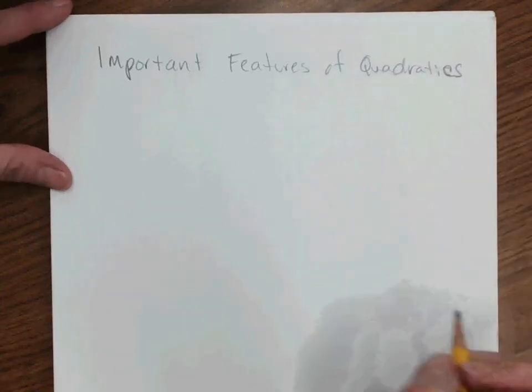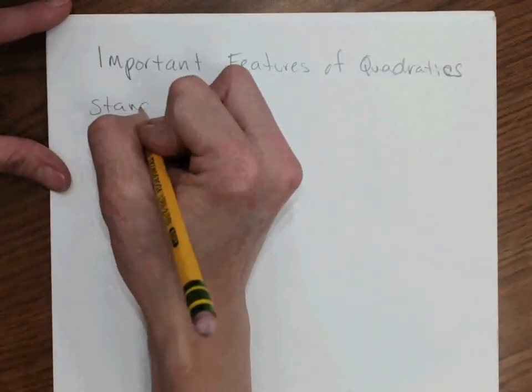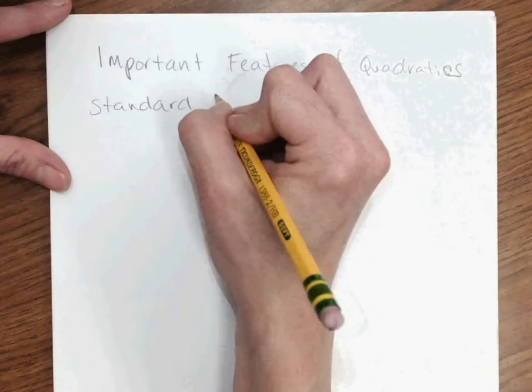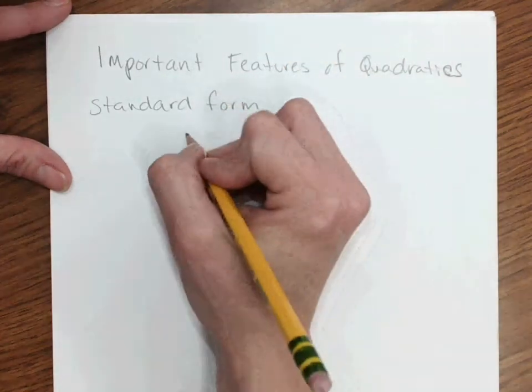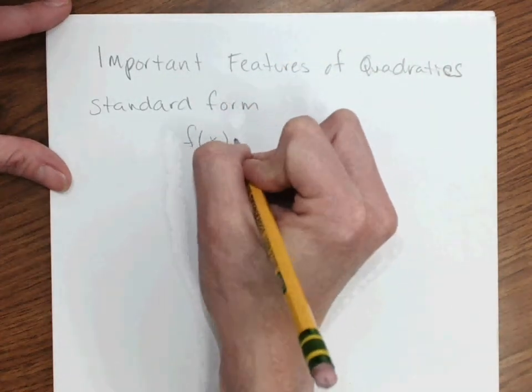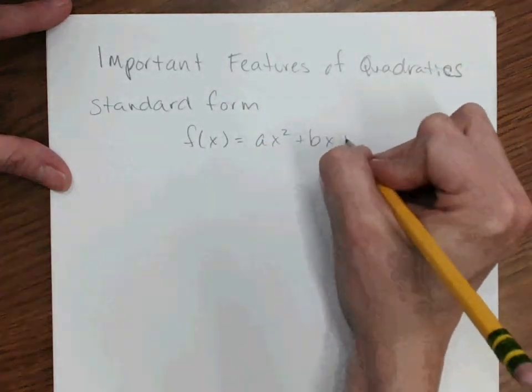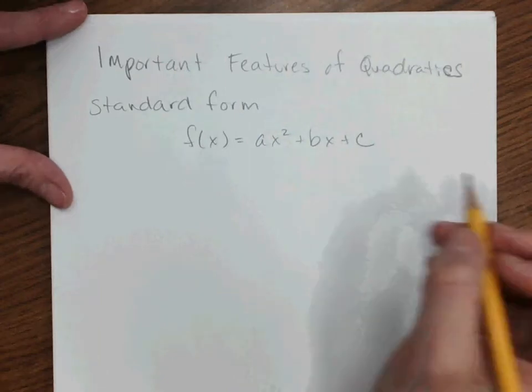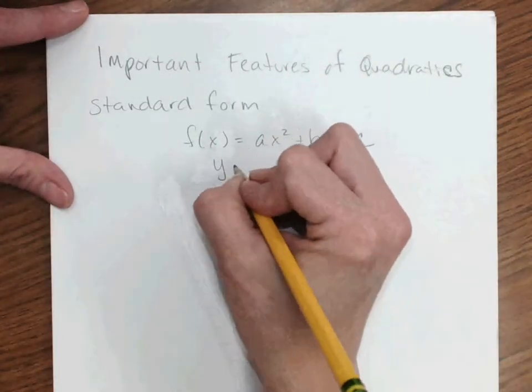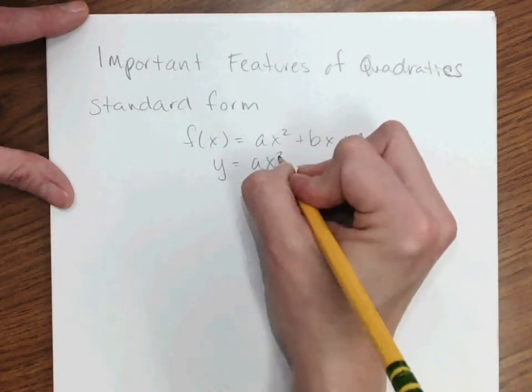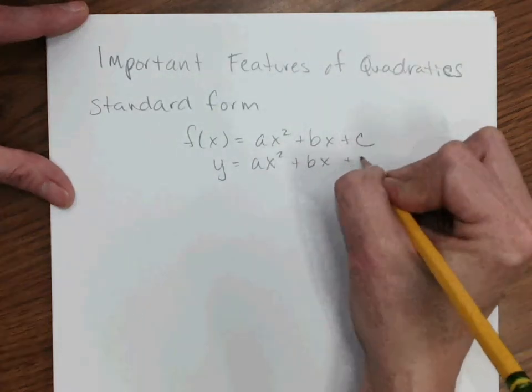The first thing that we're going to look at is standard form. We've already looked at this, so hopefully this is review, but standard form of a quadratic is f of x equals ax squared plus bx plus c. You'll also see it not in function notation, as y equals ax squared plus bx plus c.